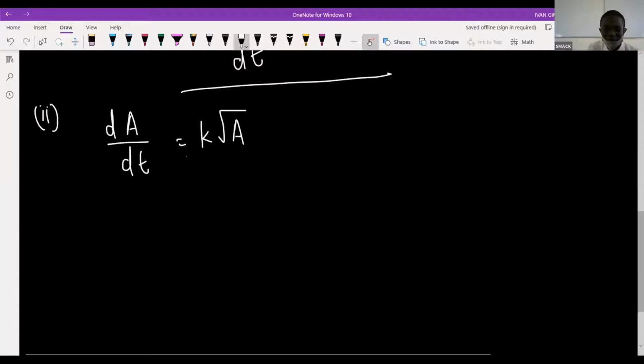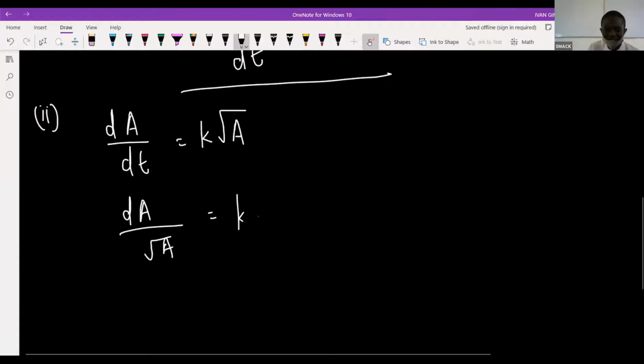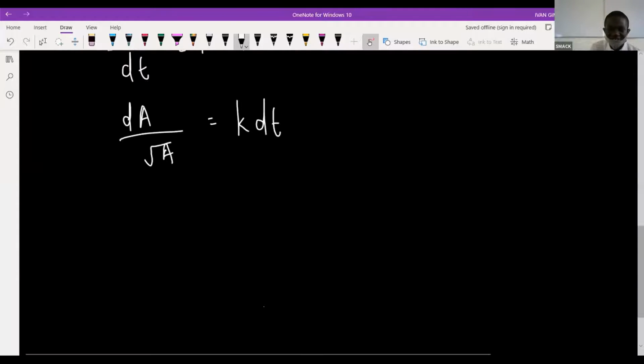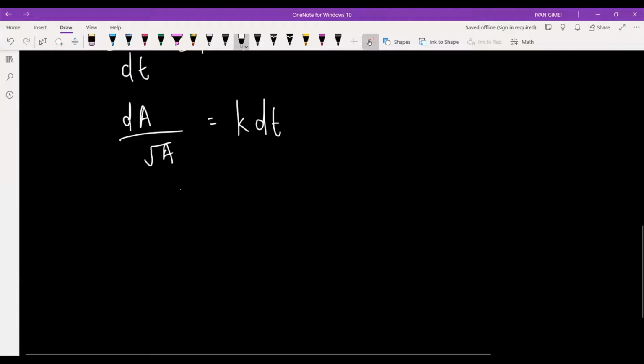So we bring A on one side and T the other side. So dA over square root of A is equal to k dt. What comes next is integrating both sides to get a general solution to this differential equation.